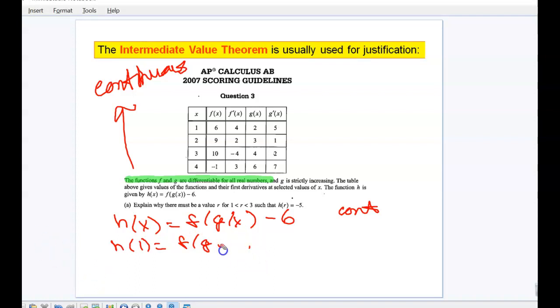And g(1) from my table is 2. So this is really f(2). And f(2) is equal to 9. So I know the point when x is 1 on function h, the value is 9.